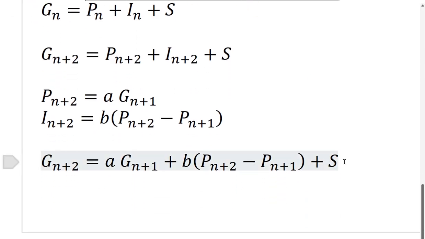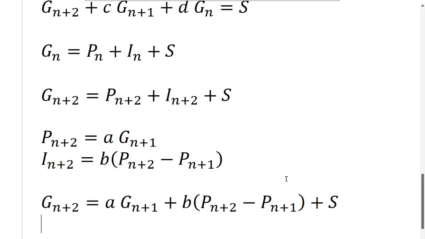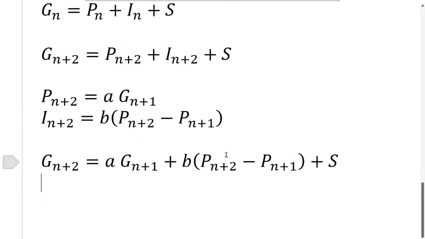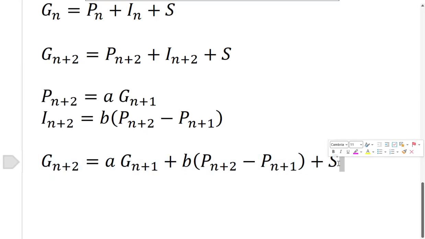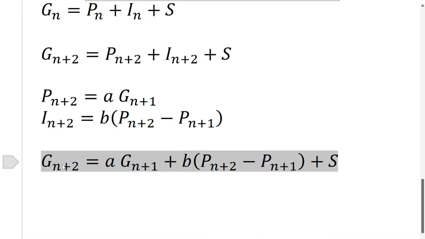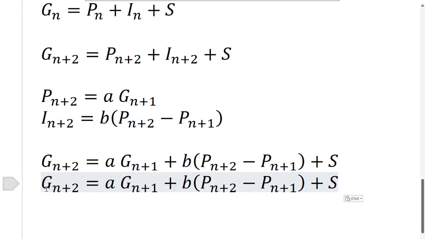Right, so we're here. Now we know what P n plus 2 is, don't we? We know P n plus 2 is this thing here. Because I have the typing, I'm just going to do that.